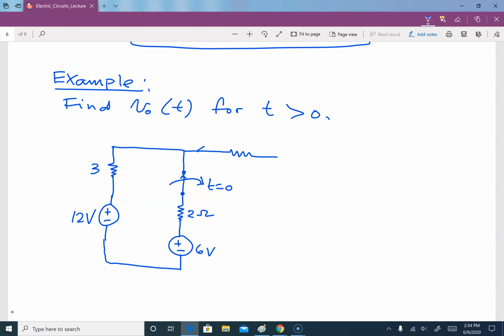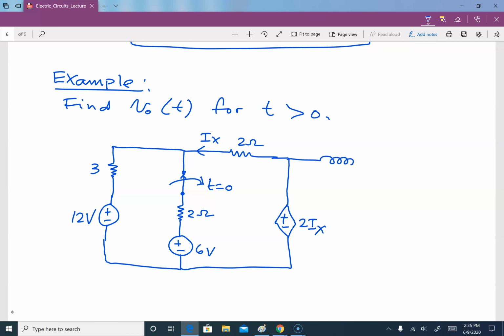Our Ix is flowing here, and this is 2 ohm. Then we have over here a dependent source, and it is a voltage source. That is, let's say, 2Ix.